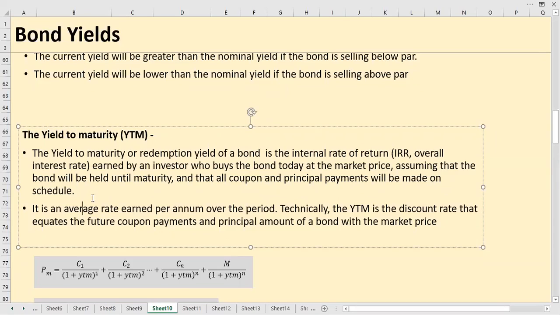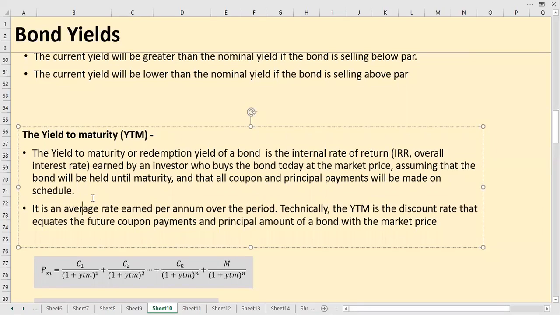I think you are familiar with this IRR, the internal rate of return, earned by the investor who buys the bond today at the market price, assuming that the bond will be held until maturity and that all coupon and principal payments will be made as scheduled.